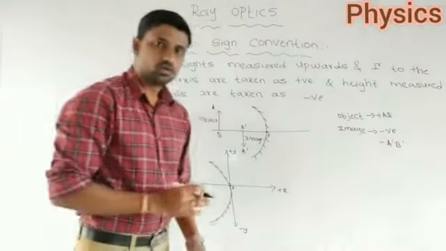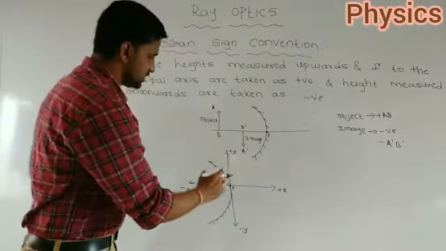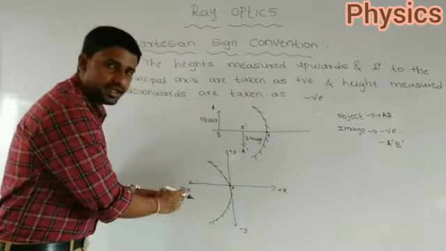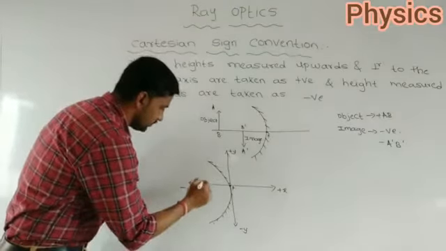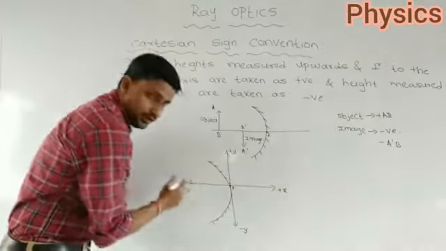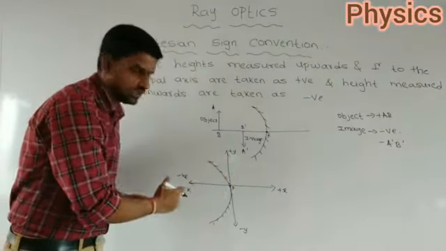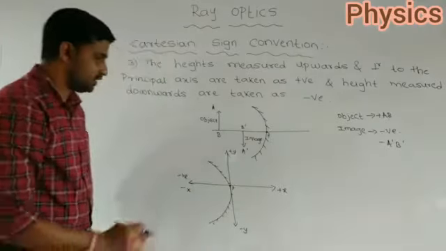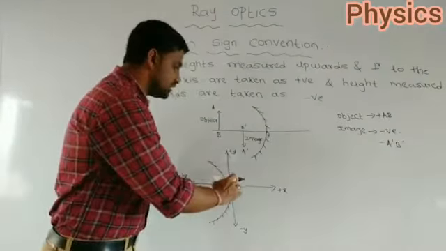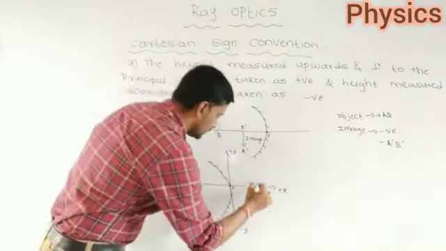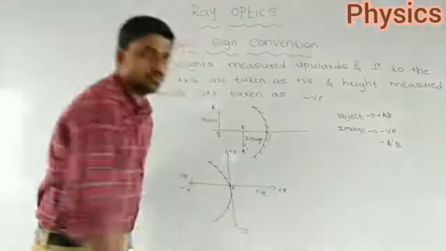If you are going to take distances to the left side of this pole, then this is the negative x-axis. That means if you are taking distances on the left side, you have to take them as negative. Only the distances, I am not talking about the heights. If you are taking distances on the right side of this pole, then you have to take them as positive.